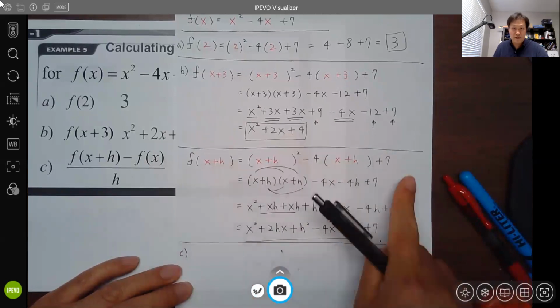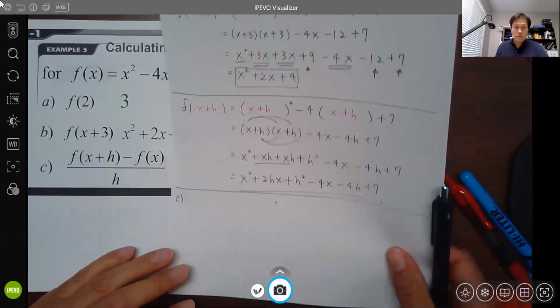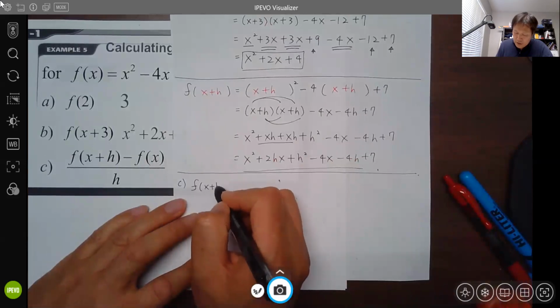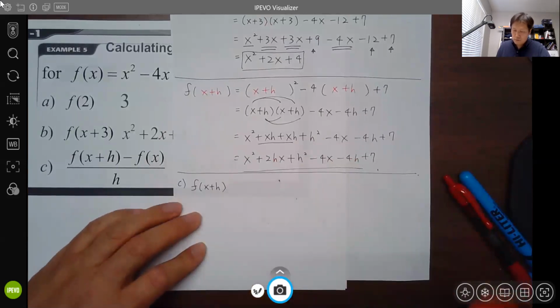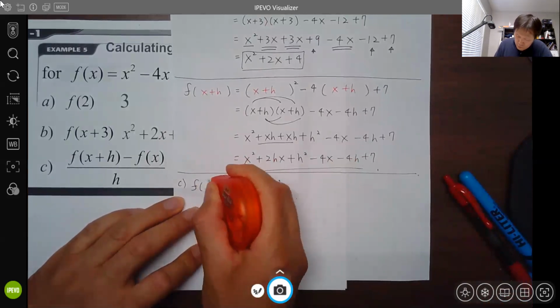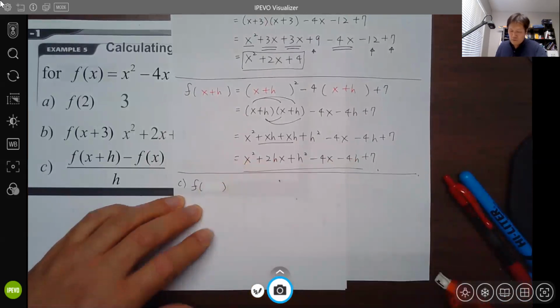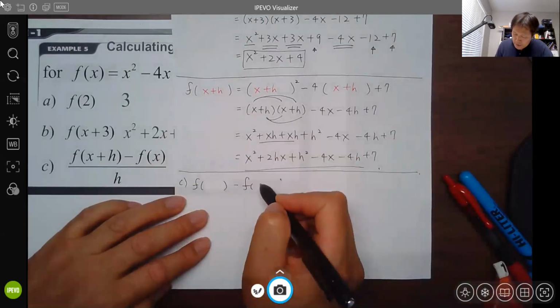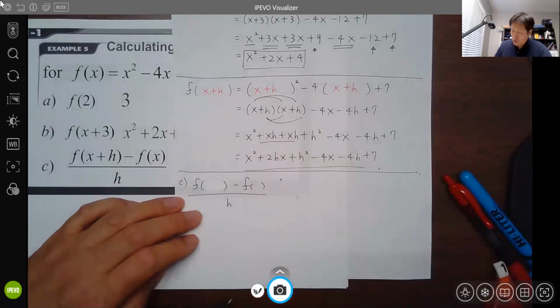Well, this is a part of the C. So C is what? F of x plus h minus f of x, all over h.